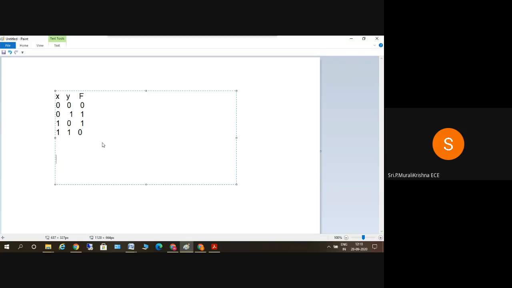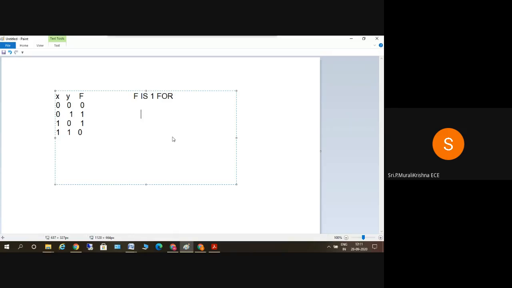Okay, what we have to identify here are the values of f. Where f is 1? f is 1 for these two inputs, this one and this one. We have to add the product of these two.